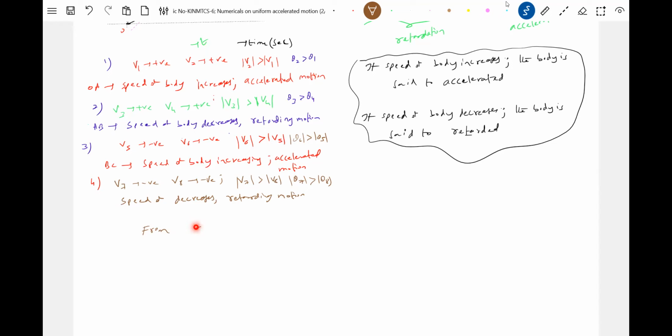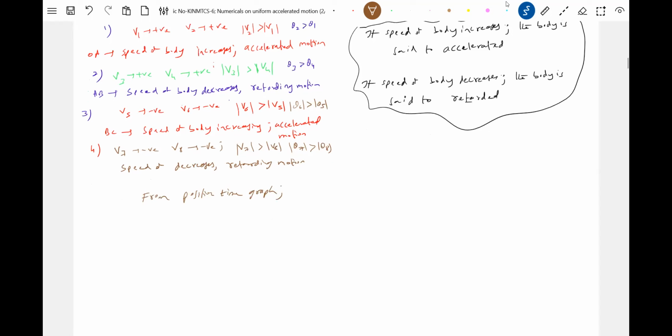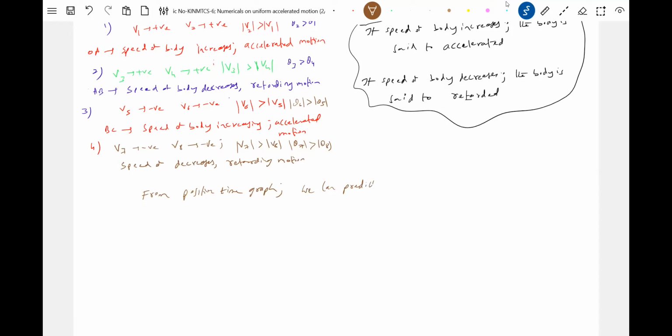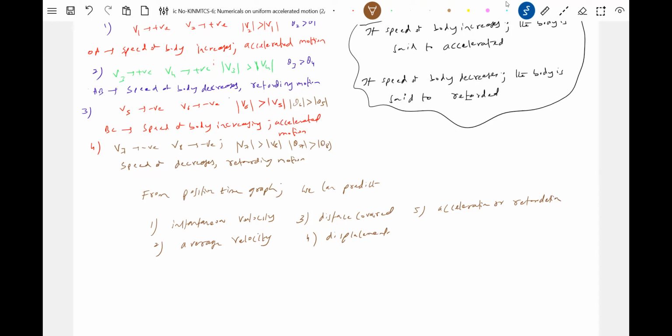From the position versus time graph, we can predict instantaneous velocity, average velocity, distance covered, displacement, acceleration, or retardation. So this much wide information is available from these graphs.